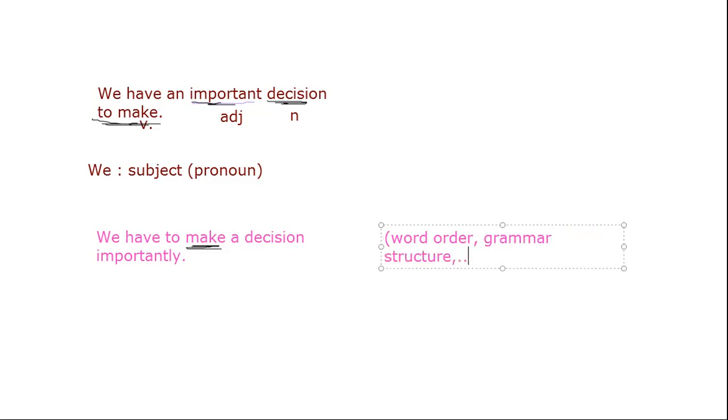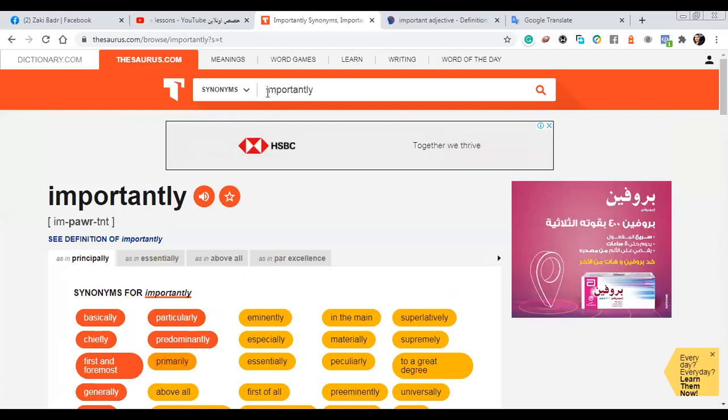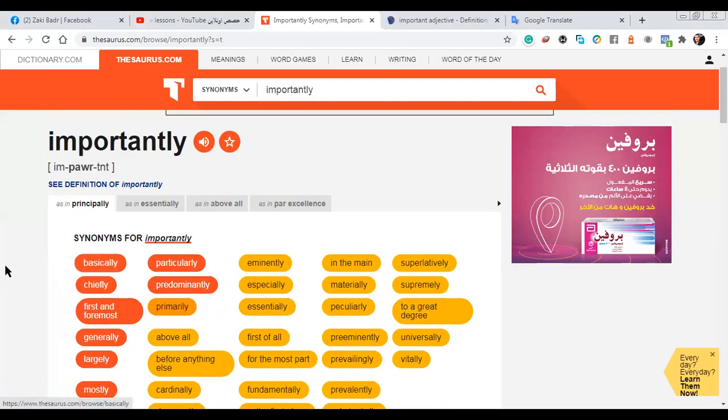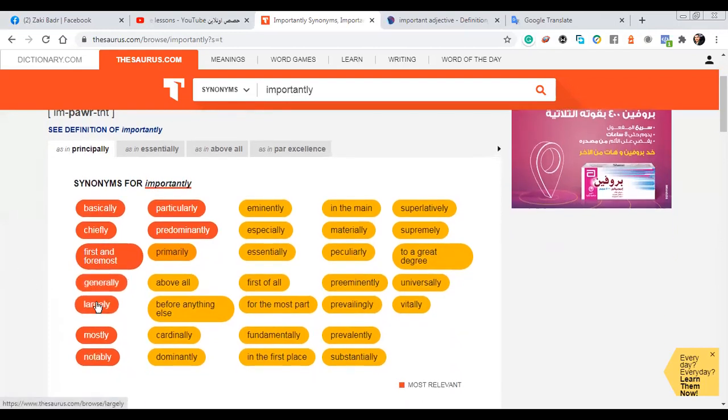So we still need to do something else, synonyms. So do we have a synonym for importantly? All right, let's go to the website and write importantly. All right, we see here basically, generally, largely, mostly, notably, first and foremost.